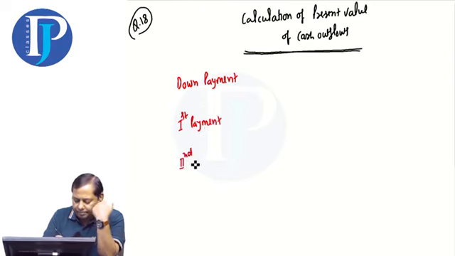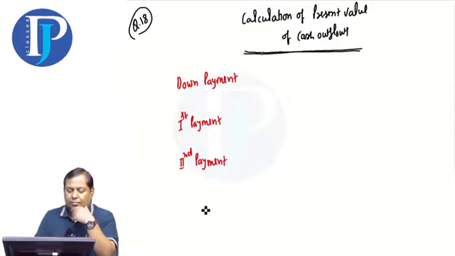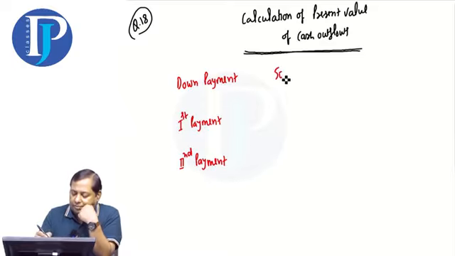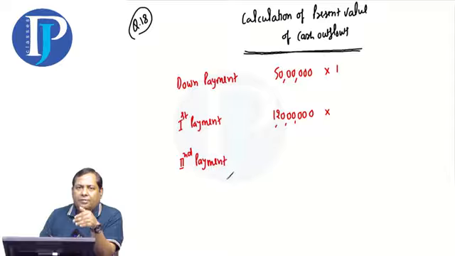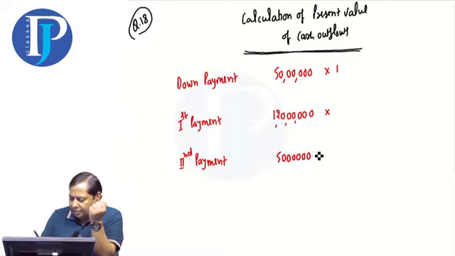Second payment. What is the down payment? 50 lakh rupees. So the PV factor will be 1. The second payment is 1 crore 20 lakh rupees. Third payment is, overall it's third, but installment wise it's second. And the third payment is 5 crore.